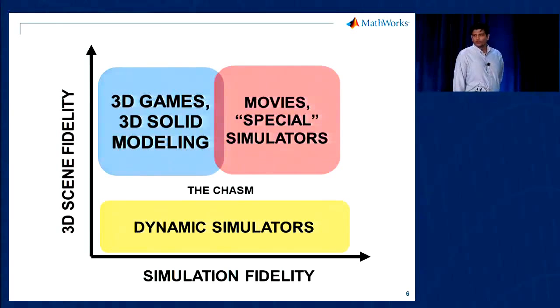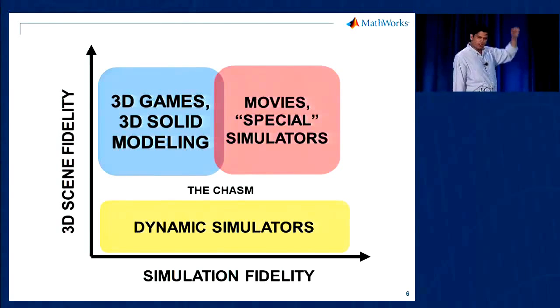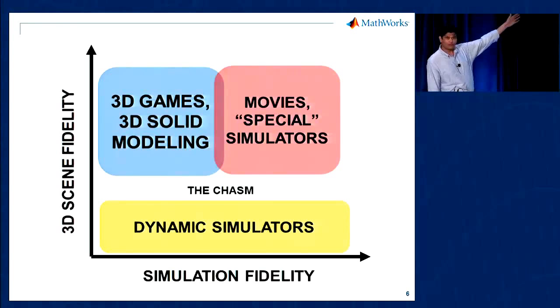If you plot the tools that are available in the market, if you plot all the simulation tools versus all the 3D modeling tools, you'll find that Simulink is very good in this particular axis with dynamic simulations. We have a lot of 3D modeling softwares available in the market, a lot of 3D games, and they're very good at 3D modeling. And if you go to Hollywood, they have all these movies they make, right?